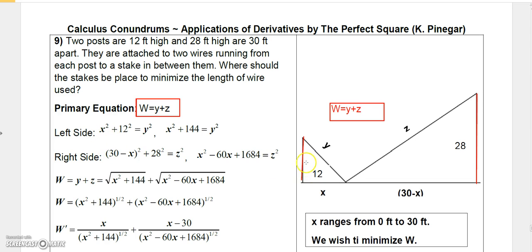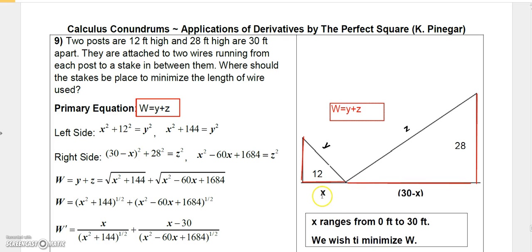If you look at the small right triangle on the left side, I'm going to call this length x. Since the total distance between the two posts is 30, this distance right here is going to be 30 minus x.